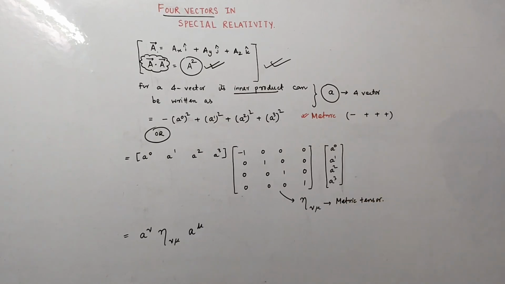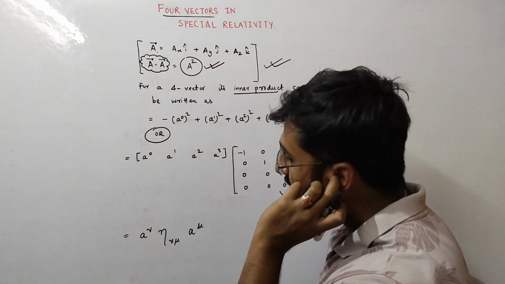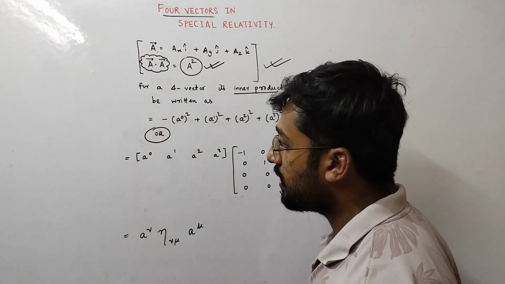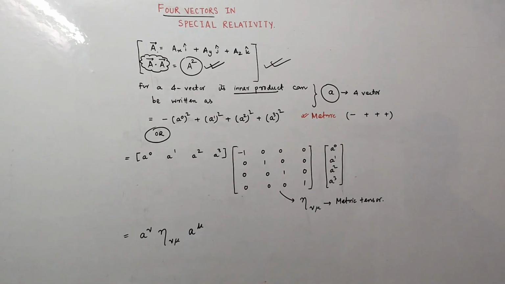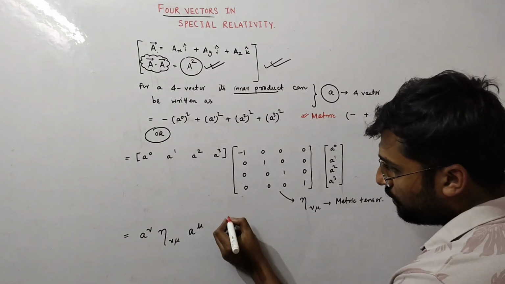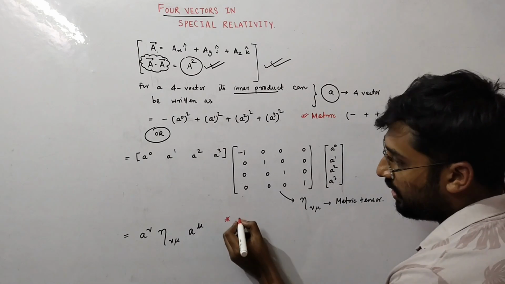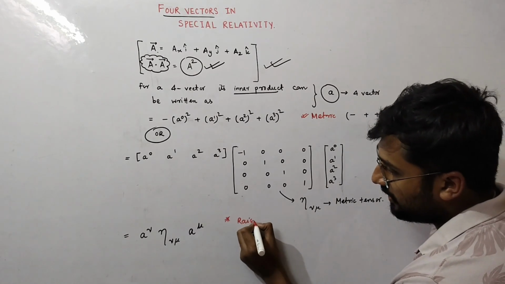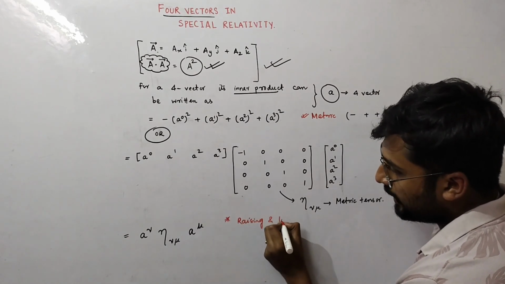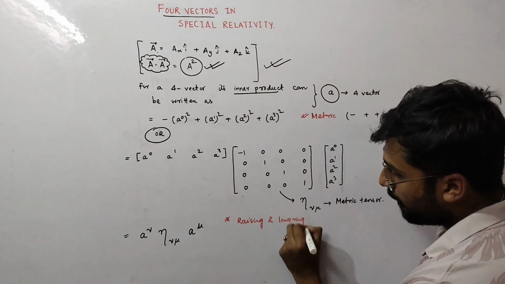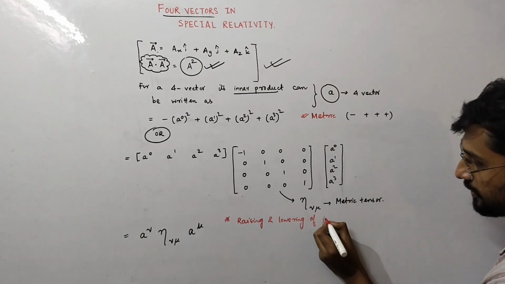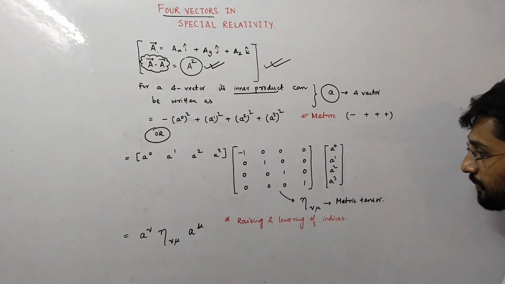Right? Okay, fine. So now I'll be using some mathematics, the ideas from tensor analysis. In order to go there, I need you people to know about something called the raising and the lowering of indices in tensors.